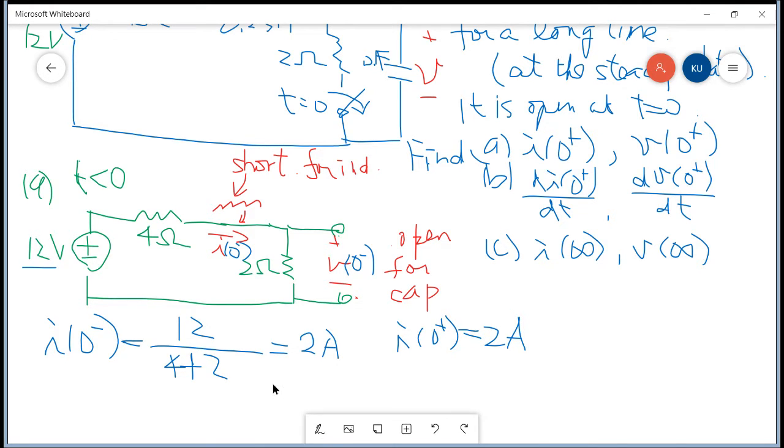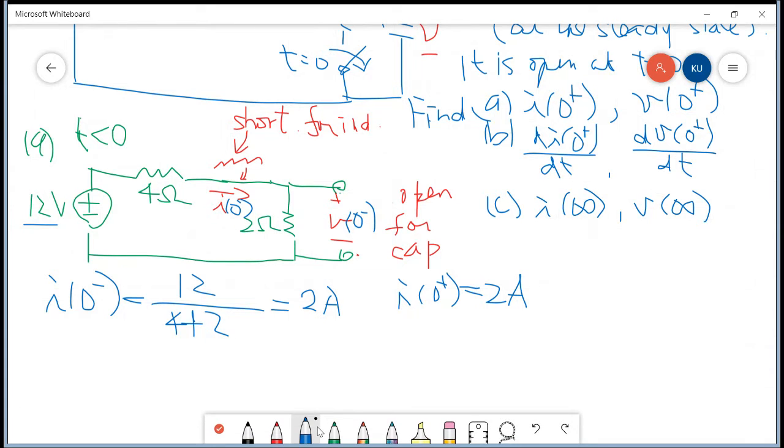And also, we can find V(0-). I is 2 A, and this path is open. So I(0-) also goes to here, which means that V is nothing but 2 times 2. The current is 2, and this resistor is 2 ohm. So it is 4 volt.